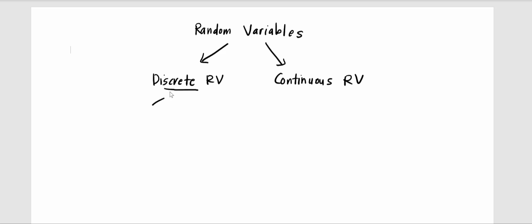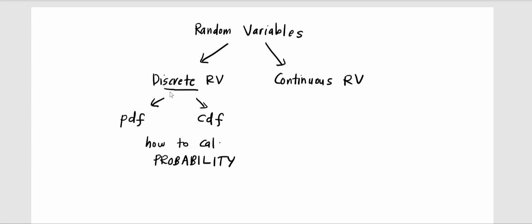In discrete random variables we already learned on the PDF, on the CDF, and how to calculate the probability, and we already learned on the expected value, variance, and also standard deviation.